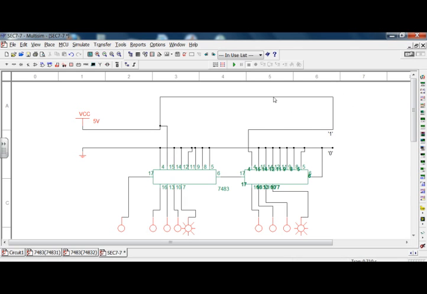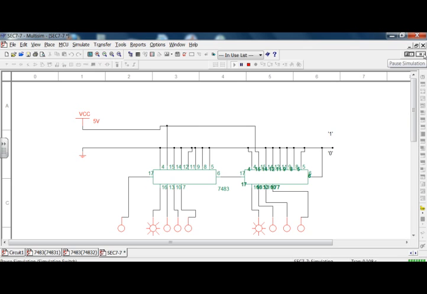And 15 is who? 1, 2, 3, 4, 5, 6, 7. Pin 15 seems to be... pin 4 is on the other side. We'll call him A. Pin 15, we'll call him A3.